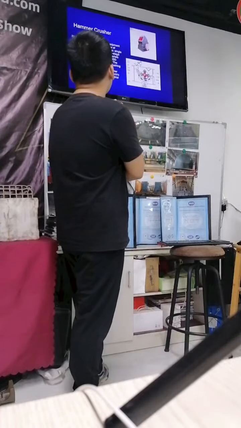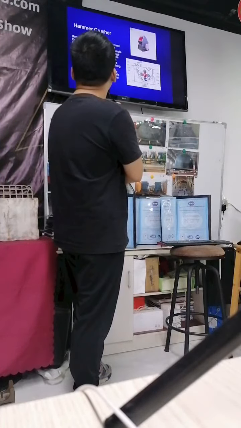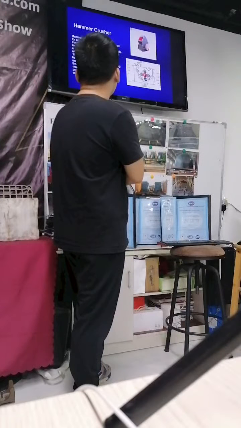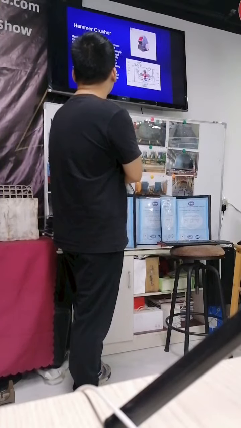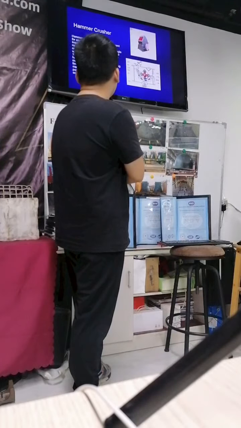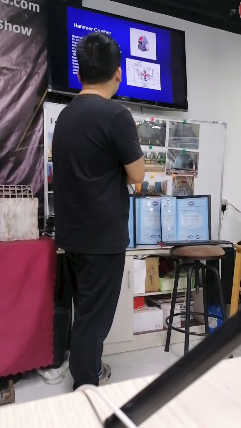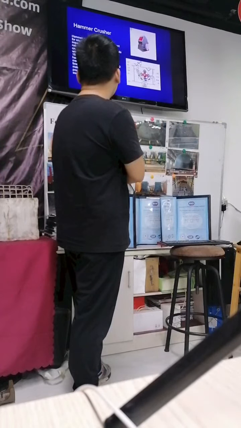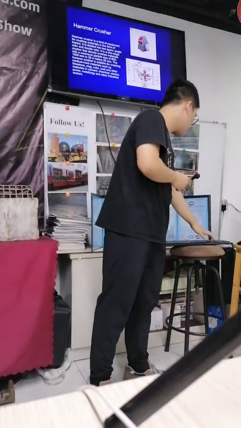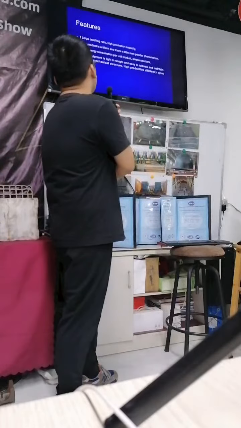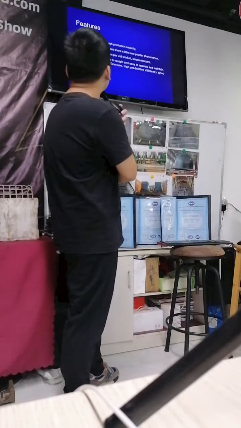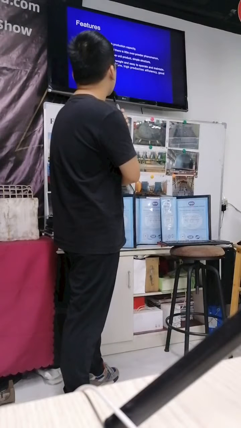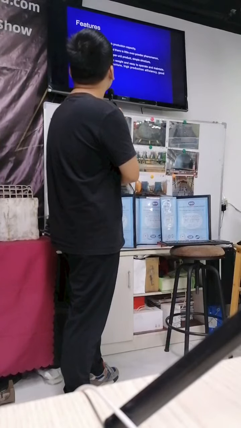The hammer crusher is suitable for crushing medium hard materials such as limestone, slag, coke, coal, and other materials in cement, thermal, electrical power, and metallurgy and other industry sectors. It has a large crushing ratio and a high production capacity.